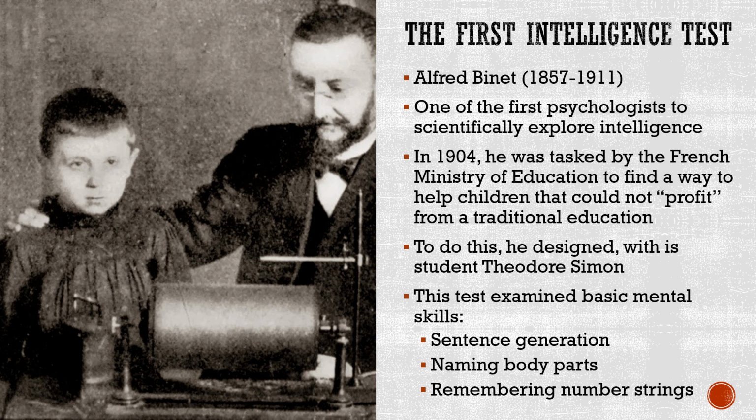And this test that he devised was fairly rudimentary. He'd ask kids to define specific words or come up with a sentence with a word in it, or be able to identify different parts of the body that he would point to, or retain small sets of numbers or words. Things that, as adults, we should all be able to do fairly easily.